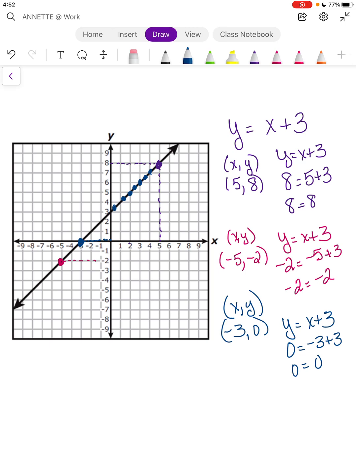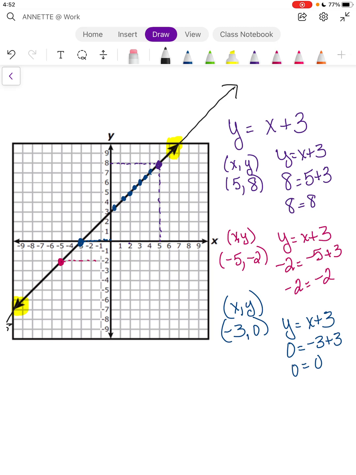But look at that graph. Is there something on there that makes us know that it keeps going? Yeah, the arrows at the end. The arrows at the end let us know that this line is going to continue on, that it does not stop. It just keeps going.